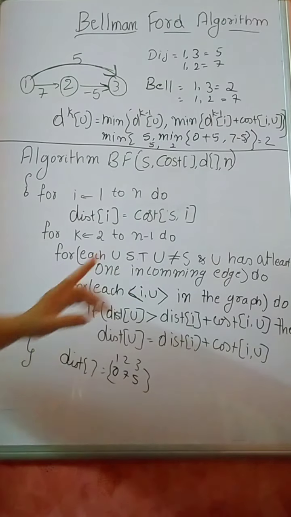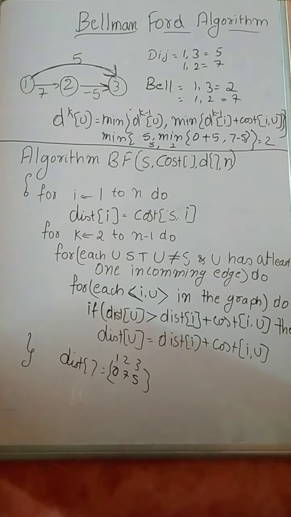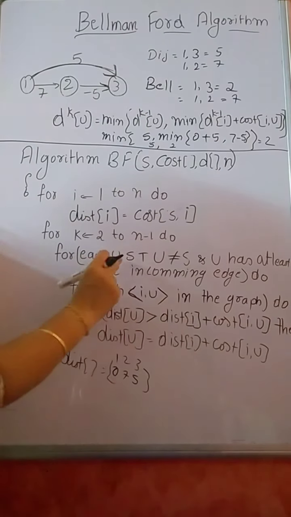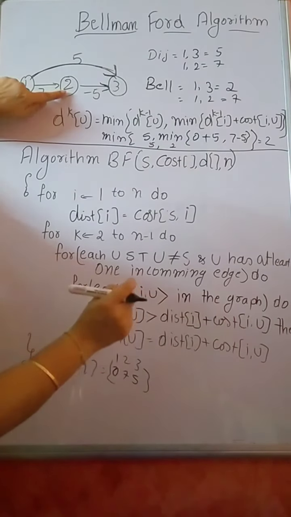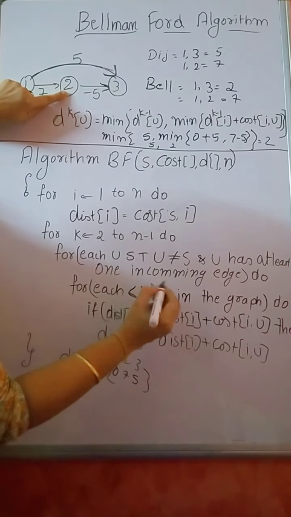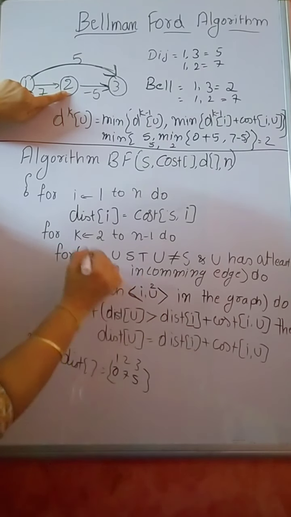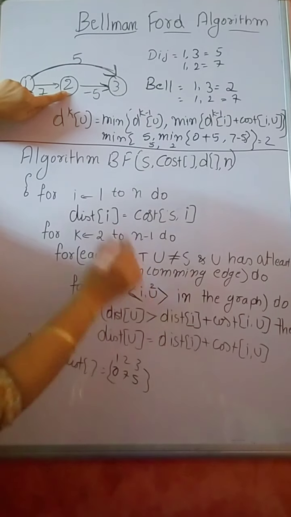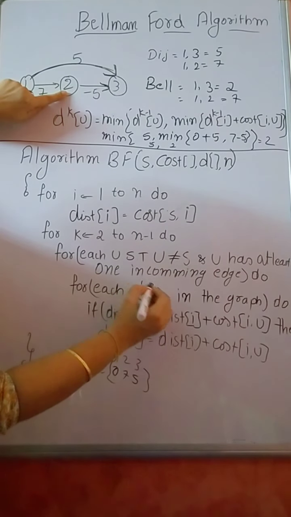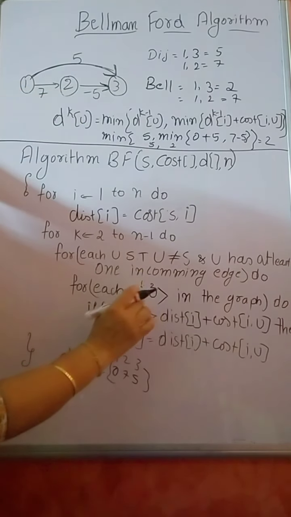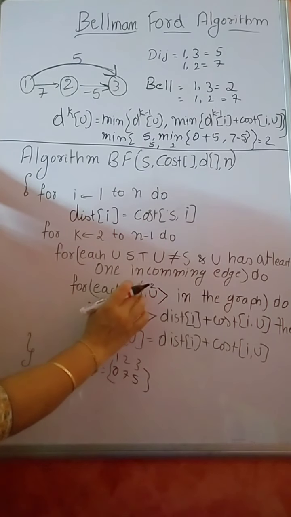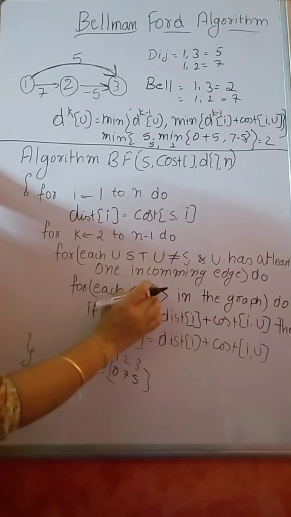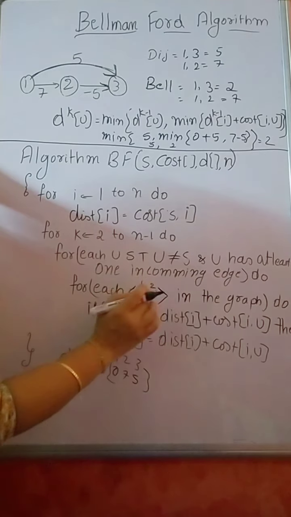If it has an incoming edge, then what I have to do for each of the incoming edges? So I am checking it for u. Here it is 2. Now the i value will be 1 initially, 1 to n we are considering. So are we having an edge from 1 to 2, then 1 to 3, 2 to 2, 3 to 2, 4 to 2, 5 to 2.